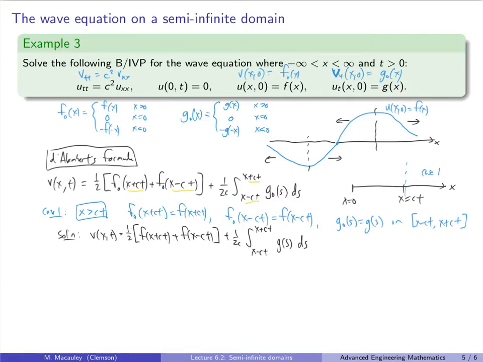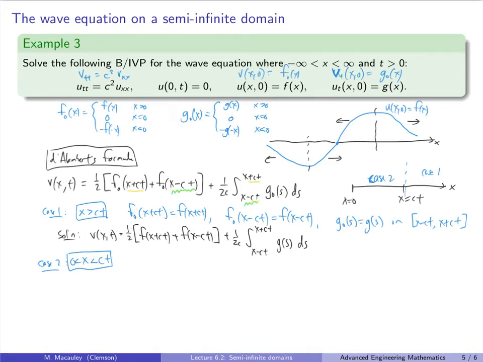Things are a little bit different when we're in this region. So, actually, let me call this case 2. I'll write it over here. Case 2, x is less than ct. Of course, x is positive, so x is between 0 and ct. We've got to be careful because now things like x minus ct, here and here, are negative.